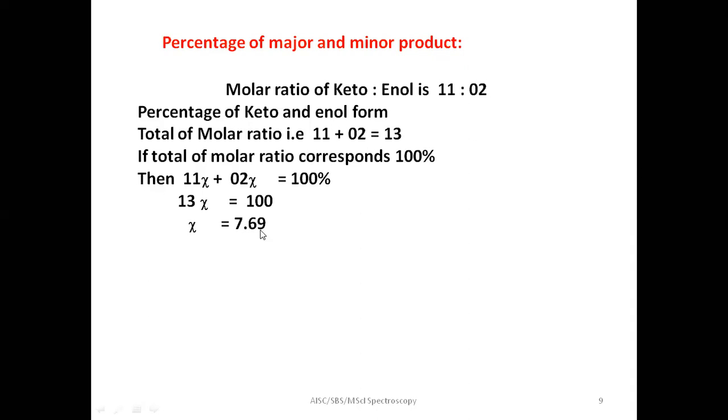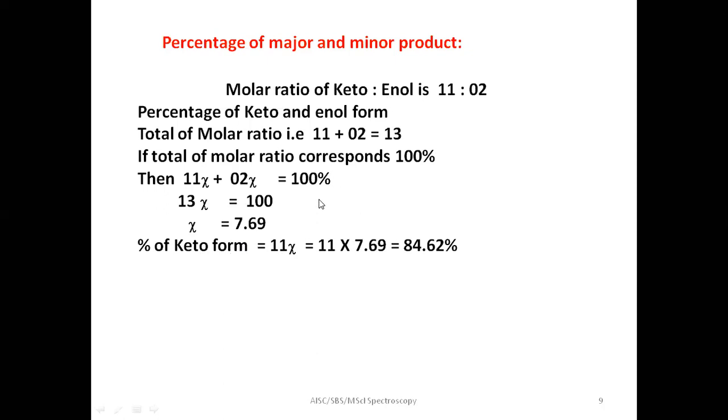Therefore use that x above. The percentage of major product, or keto form, is 11x, that is 11 times 7.69, which is 84.62%. Then what will be the percentage of the minor, the enol form?